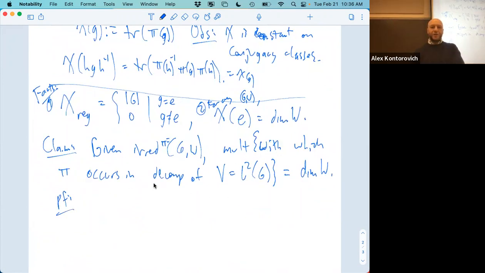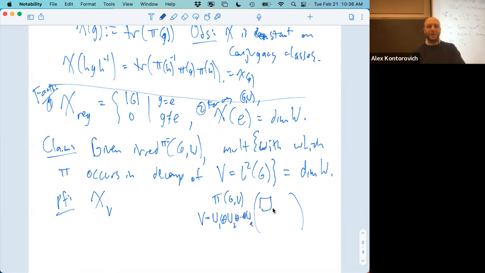Given an irreducible, why is this true? Chi of the regular representation. If you're thinking of the regular representation pi on V, for any element of G it is some big matrix which decomposes. So this L2 V decomposes into irreducibles W1, W2, and so on, with these orthogonal direct products.